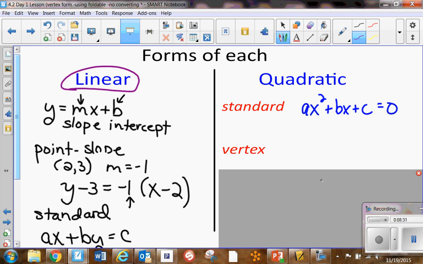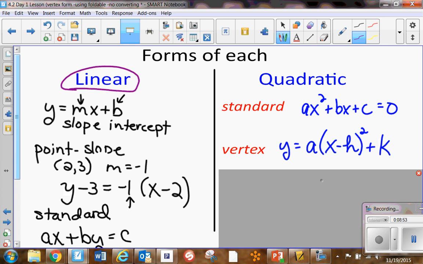What do you think will be staring at you in the vertex form? The vertex, yes. This is what it'll look like. It'll be a(x minus h) squared plus k. You may remember some h and k business from Algebra 1B.